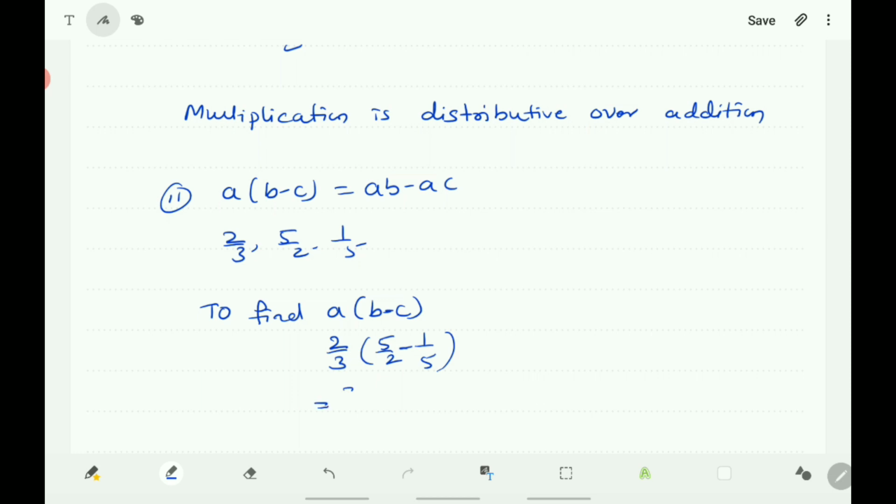That is 2 by 3 into, the LCM of 2 and 5 is 10, 2 fives are 10, 5 fives are 25, minus 5 twos are 10, 1 two is 2.